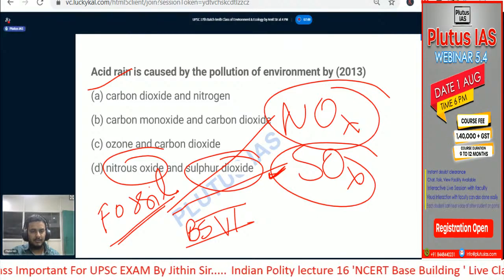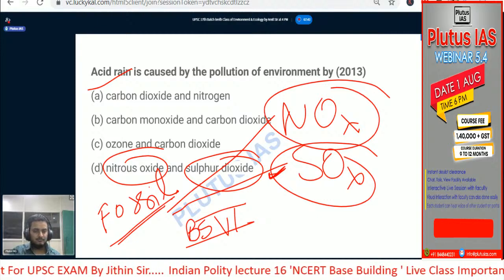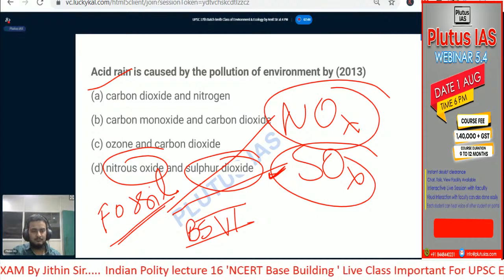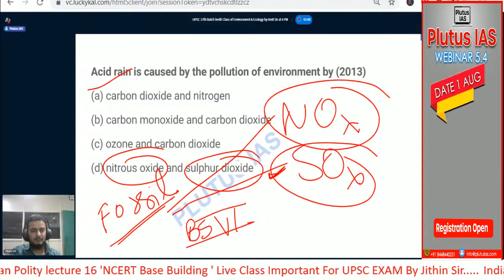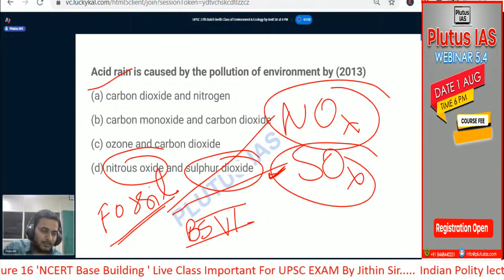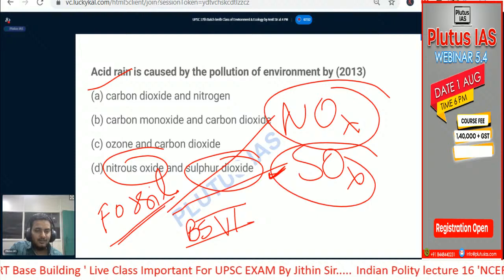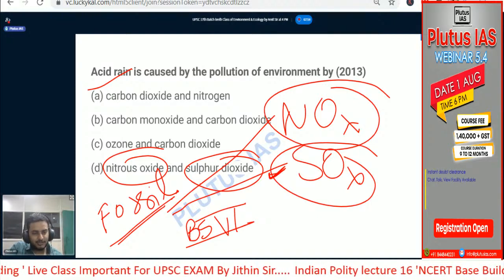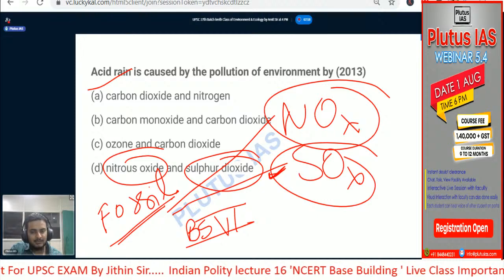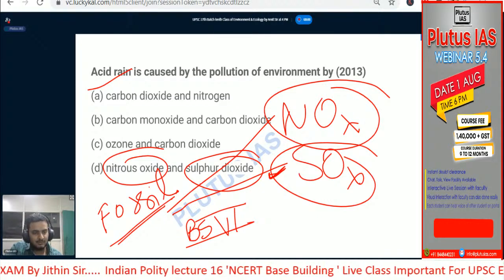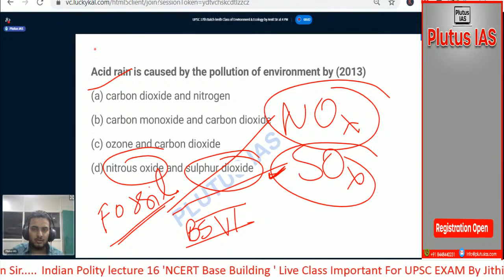I think people in Delhi must know it. It's shocking that you people don't know. Emission standards, yes, they are the emission standards. Bharat Standard 6, based on Euro norms.